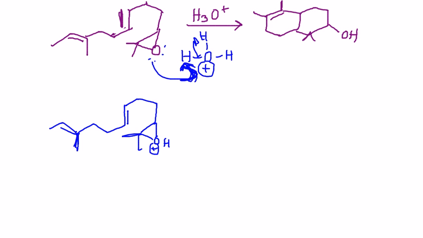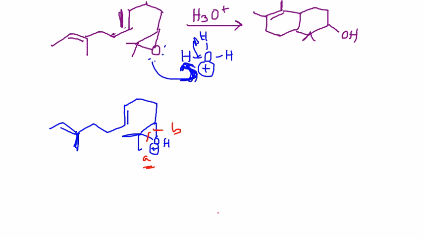Now realize you have two choices. You can either show a bond cleavage of this bond, let's call it A, or you can show bond cleavage of B, one or the other. And since this is in acidic reaction conditions, hopefully you can see and appreciate that a more stable carbocation will be generated.